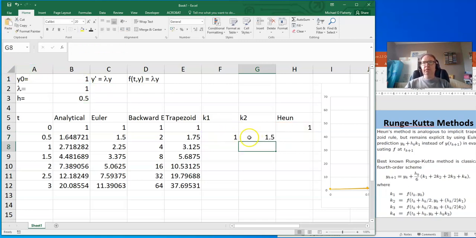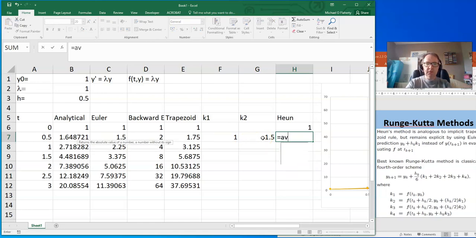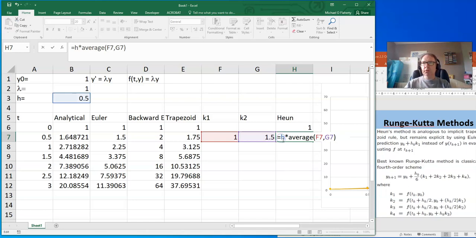We get an improved value of our slope there. Then we take the average of K1 and K2. That's our slope. Multiply the slope by the time step to give us the incremental change. Then we add that to our previous value of y.